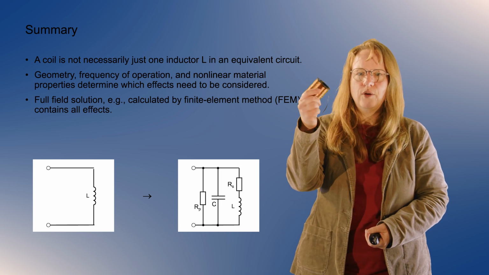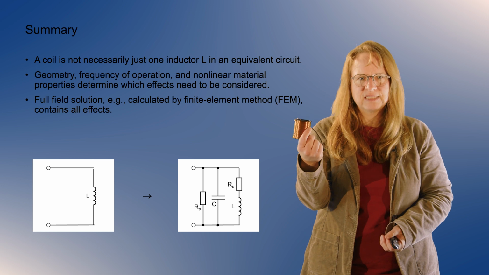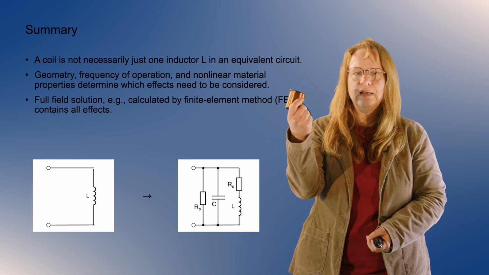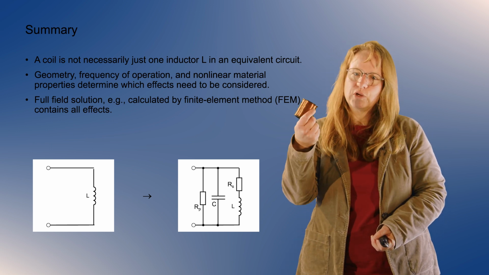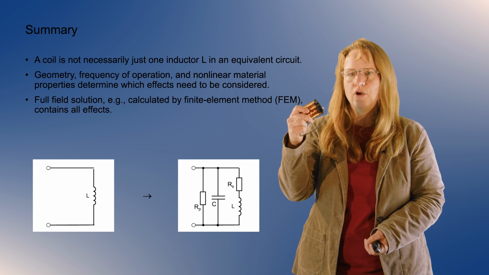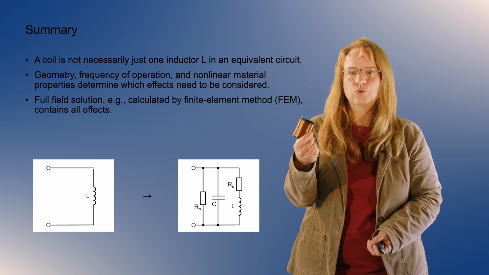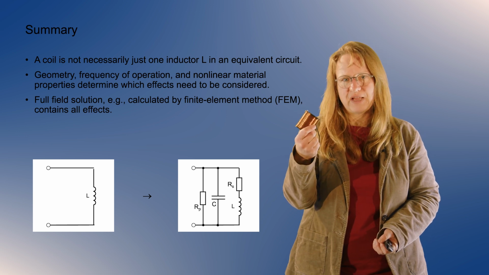So if the geometry is fixed with time and we don't have any nonlinear effects, first of all we can go ahead and describe the coil by an inductance L. Also, if the frequency of operation is rather low, then it's often a good representation to neglect all capacitive effects and just put in the inductive effects.